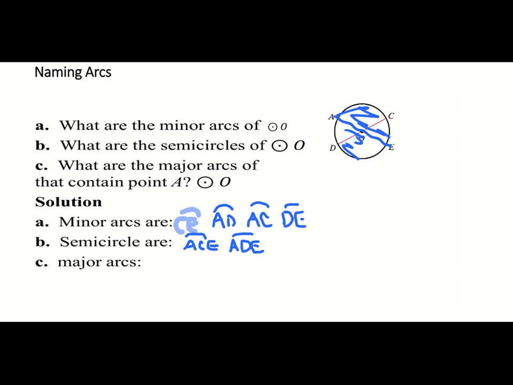Now, we can also look at if we went from D to C. So we got that line right there. We could go from D to C. And so we could say another semicircle would be DAC, or go below that, DEC.